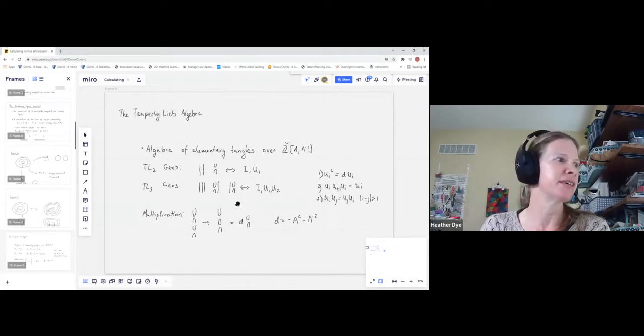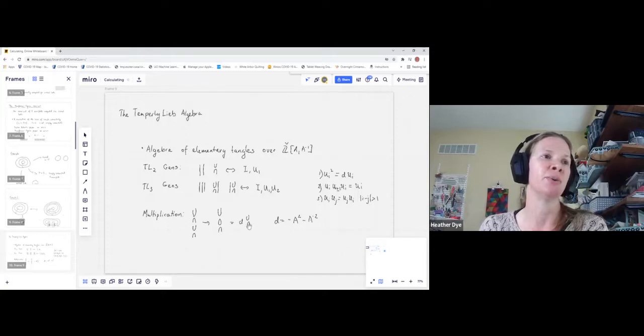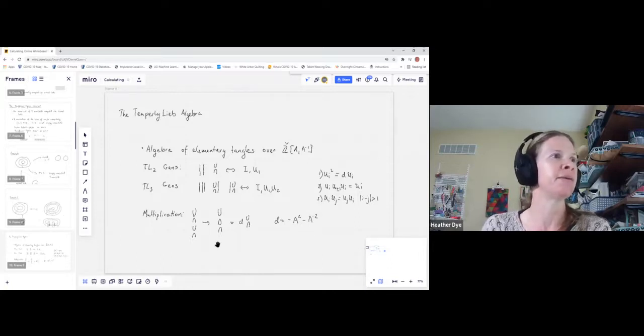So here's a sample multiplication to look at. When you multiply two U1s in this case, you get a circle in the middle, and this becomes d times the generator U1. And here we're taking our d to have this value. So I'm making a very short story about the Temperley-Lieb algebra here. There's quite a bit more work published.